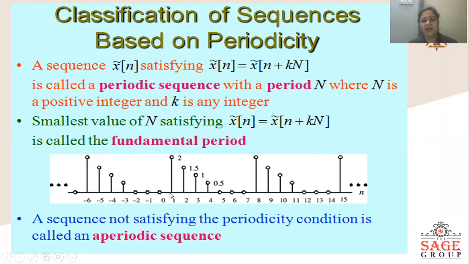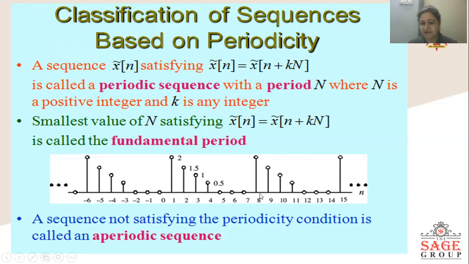Now here in this signal representation, we can see that there is a periodic pattern which repeats after every fixed interval. Here from 0 to 6, we have signal values 0, 2, 1.5, 1, 0.5, 0, 0. Now this pattern of 7 samples repeats again.